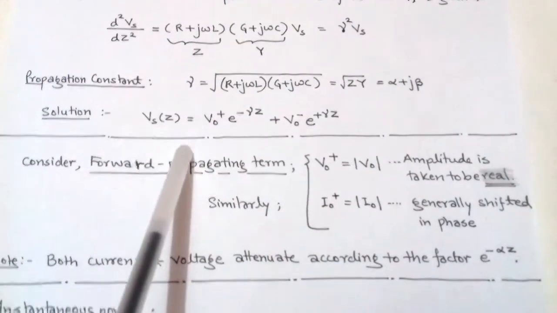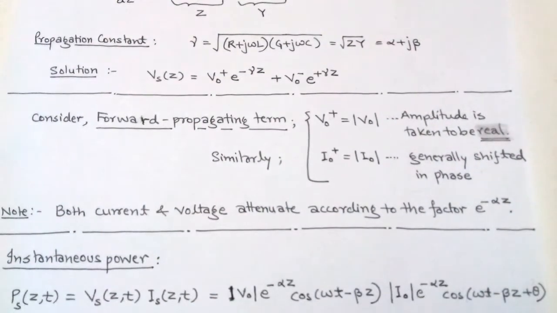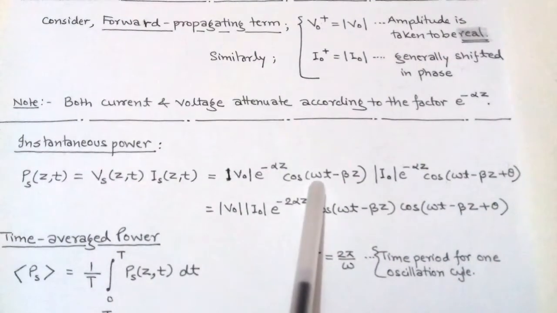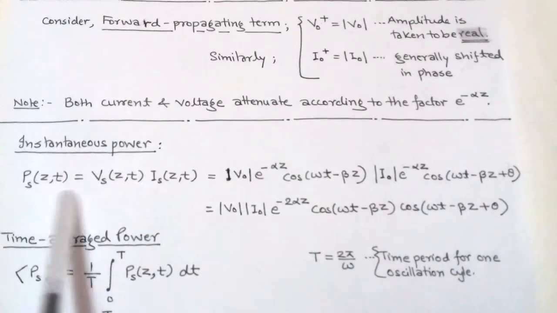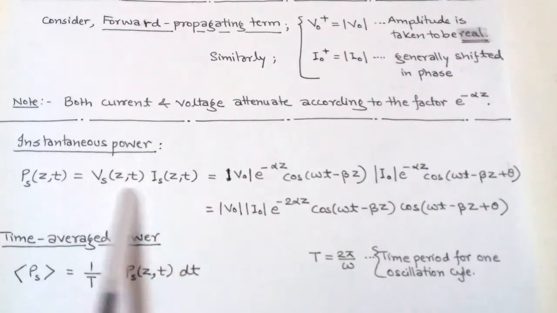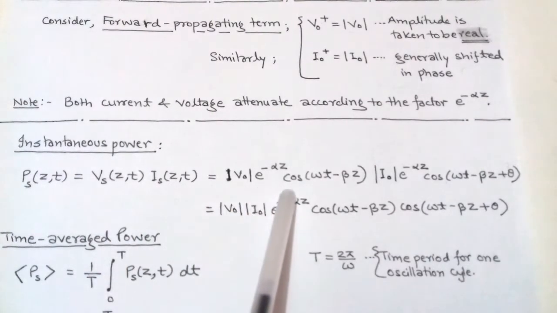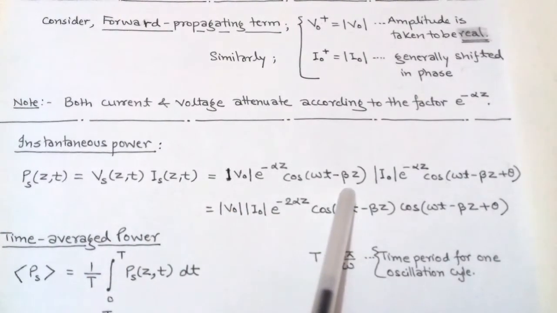For this we multiply by a time factor e to the power j omega t. So we get a real voltage and real current. The real instantaneous voltage is given by mod of V0 e to the power minus alpha z cos(omega t minus beta z).